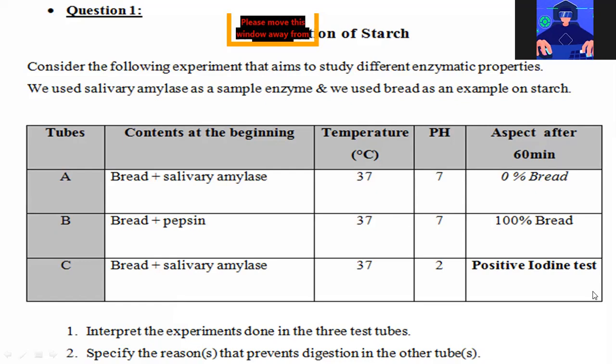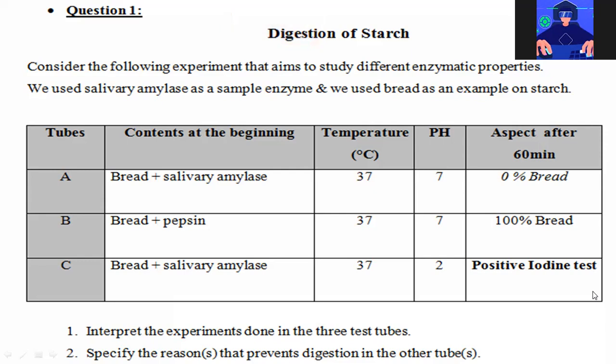This indicates that no digestion occurred in tube C. A positive iodine test means that we have starch, we have bread, so no digestion occurs.